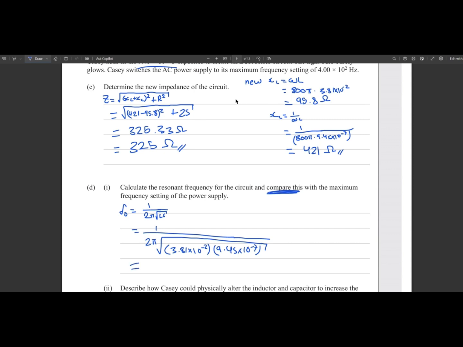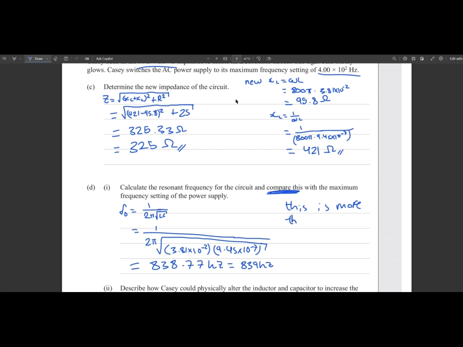Putting this all in my calculator, I get 838.77 hertz, which is 839 hertz to three significant figures.